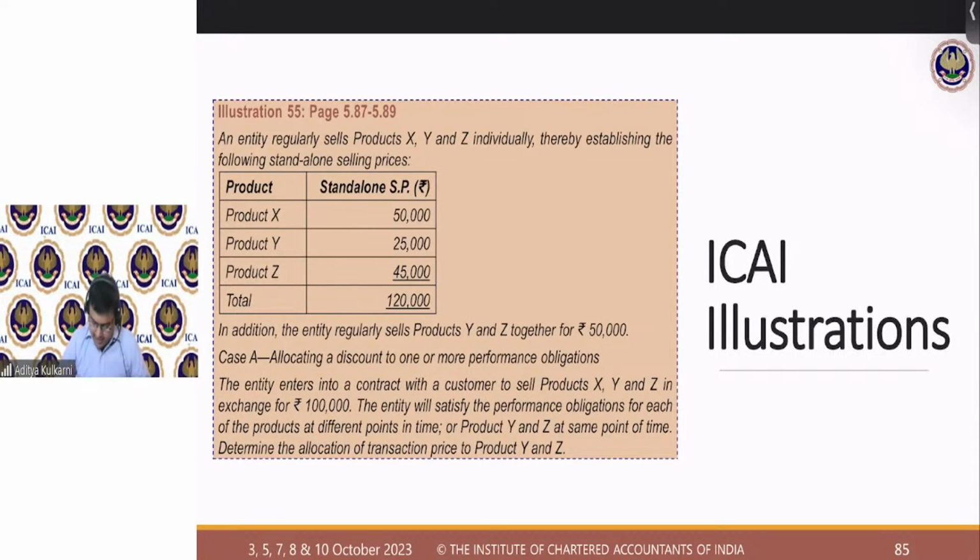The entity enters into a contract to sell products X, Y, and Z in exchange for rupees 1 lakh. The entity will satisfy the performance obligations at different points in time, for product X, and products Y and Z at the same point in time. Determine the allocation of transaction price to products Y and Z.